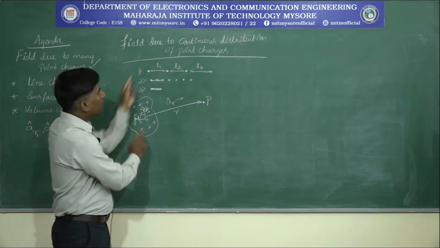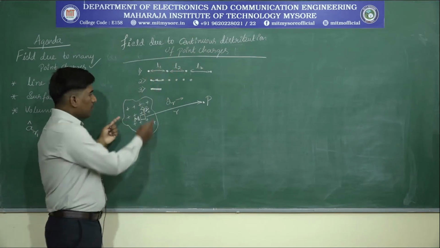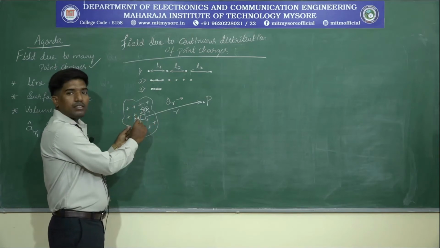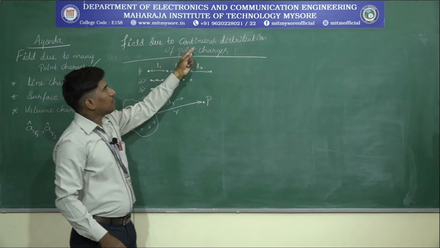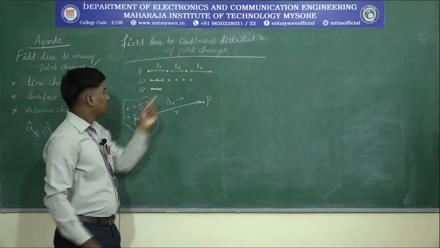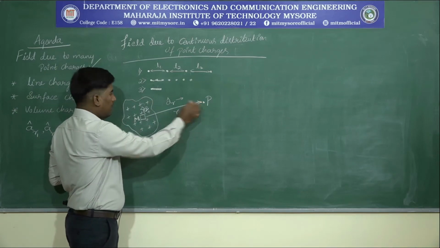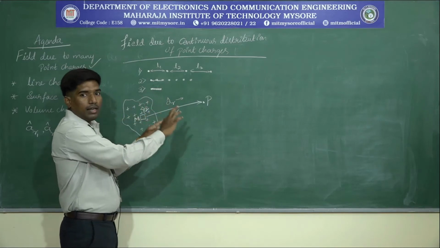That is the meaning of continuous charge distribution. Got it? So in a finite area, the number of point charges is infinite, then the resultant is called continuous distribution of point charges. So the resultant electric field intensity at point P due to the infinite number of point charges is to be calculated.